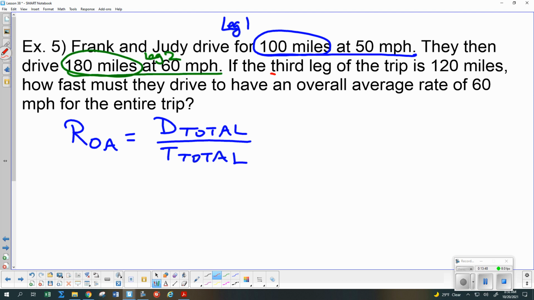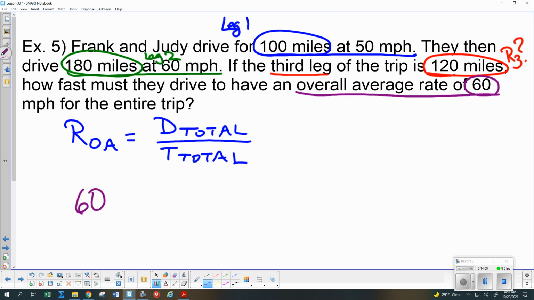And they tell us we have a third leg that is 120 miles, and we don't know the rate for that leg. And they tell us that we want the overall average rate to be 60. So we want this overall average rate out here to be 60.